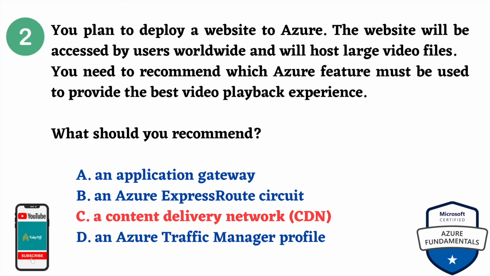It stores cached content on edge servers at locations called POPs, points of presence, that are close to the end users to minimize latency. For example, if an Apple launch event is happening in the USA and you are in India and want seamless video access with minimum latency, then they would probably be using a CDN there.